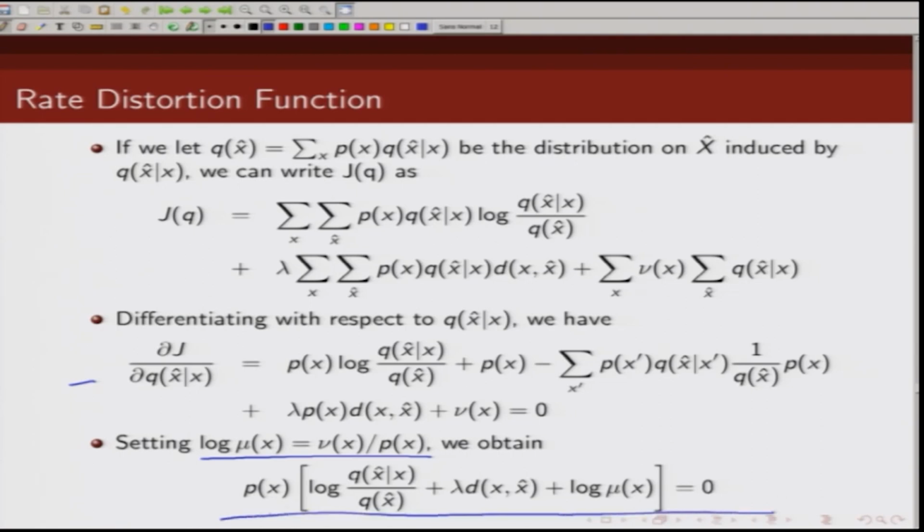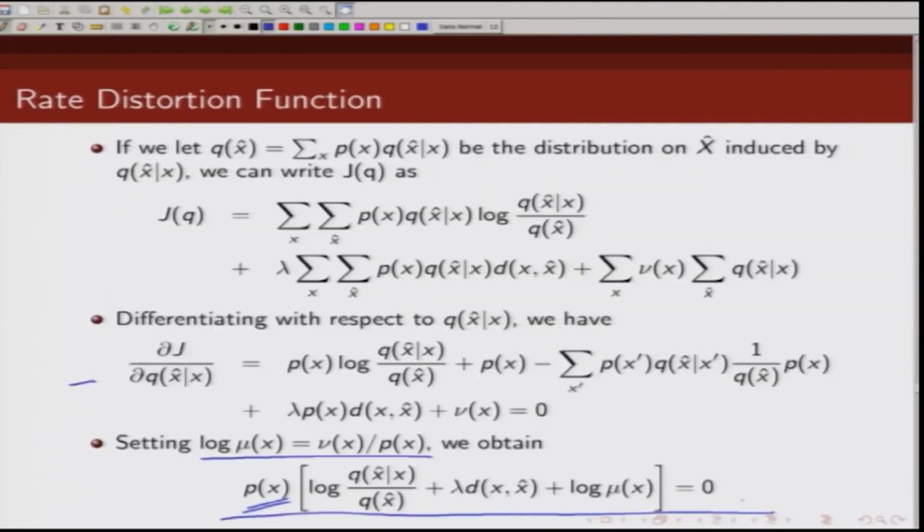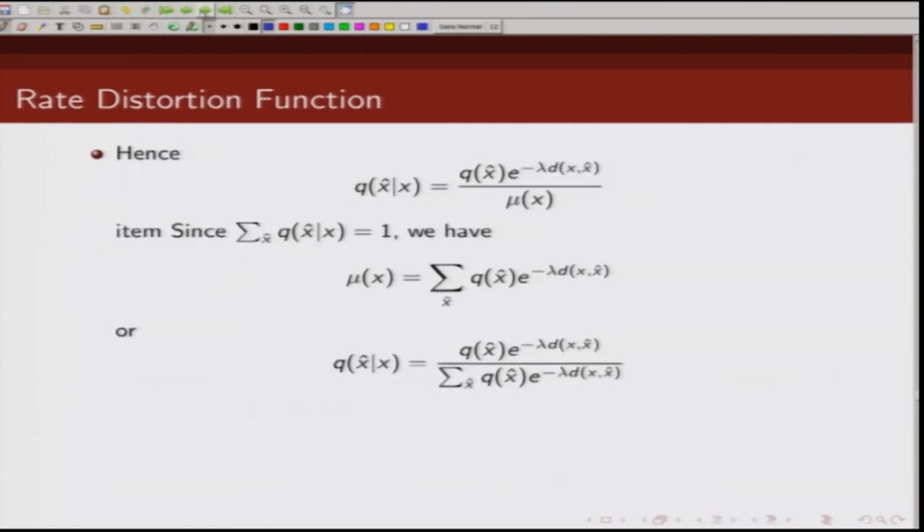So, we get p x times log of q of x hat given x by q of x hat, plus lambda times the distortion measure between x and x hat, plus log of mu x, that is 0. Now, this is non-zero. So, what we can get is this is 0. From here we can write q of x hat given x, and that comes out to be this.